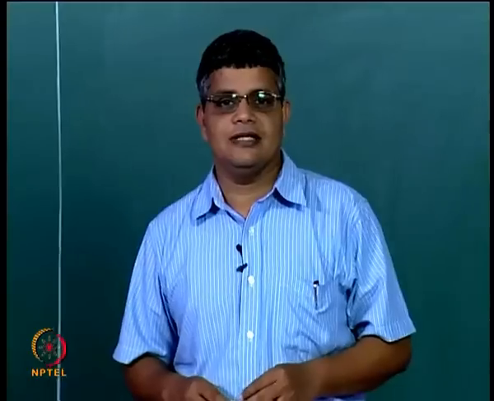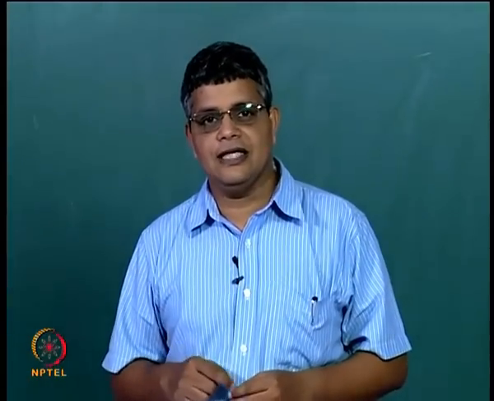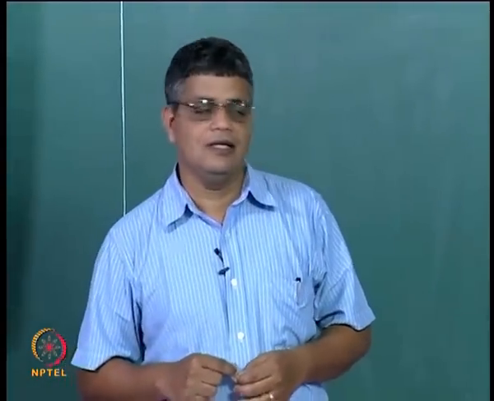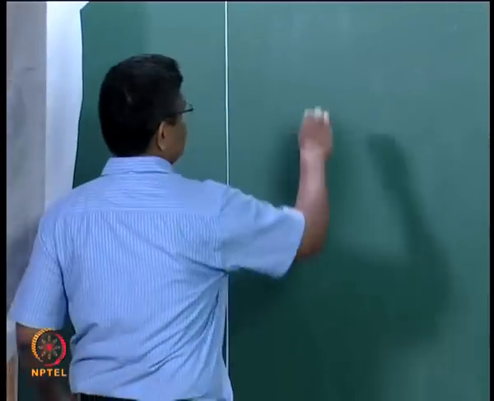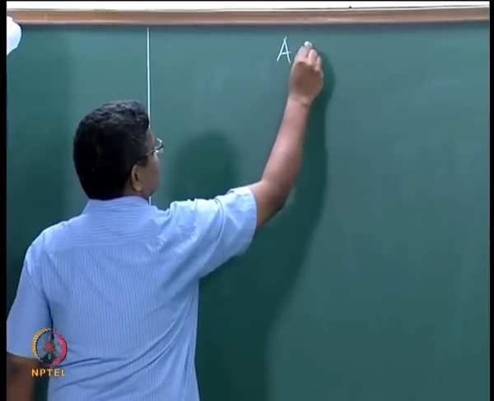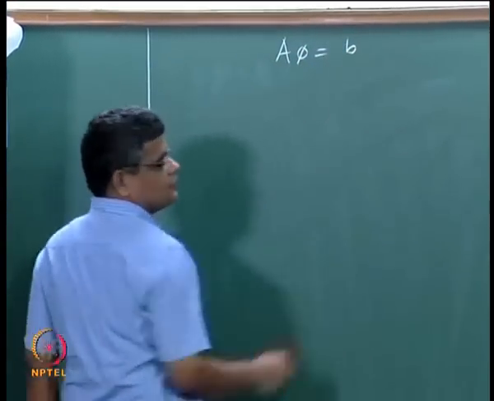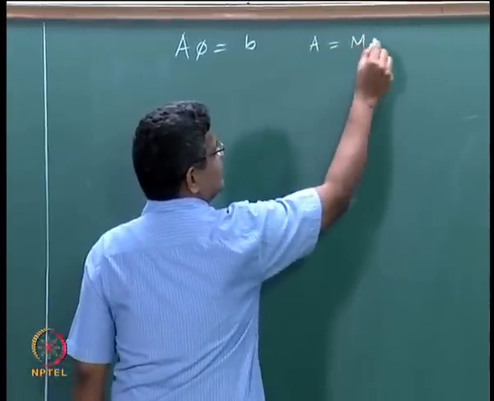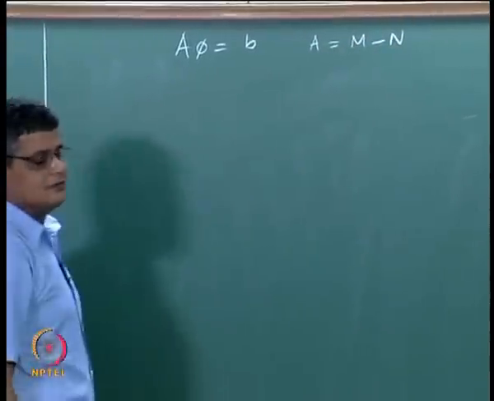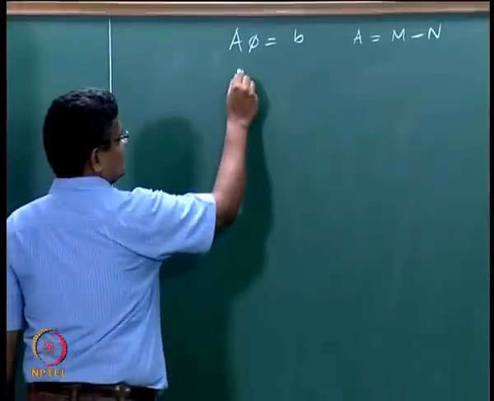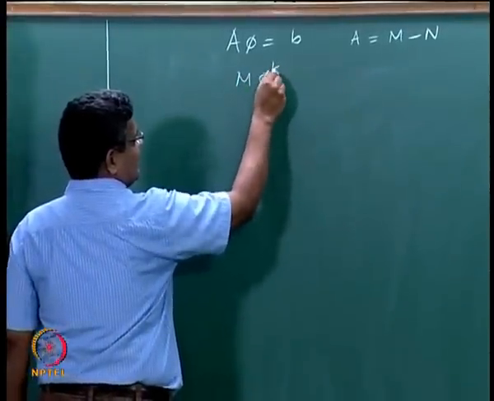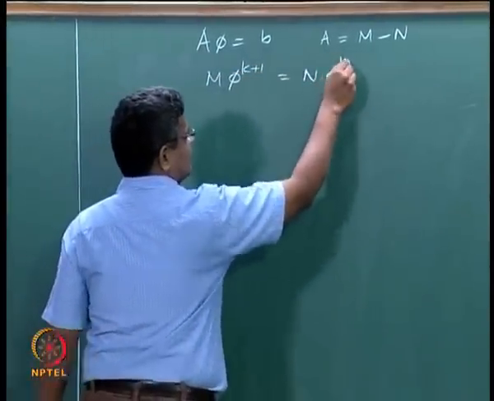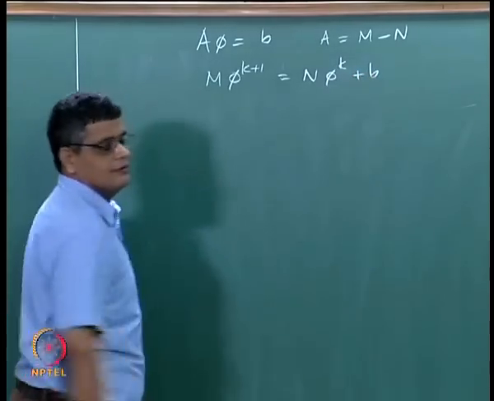Let us see what form the SOR method takes on in terms of implementation. We are solving A phi equal to b using an iterative method, where we write A as M minus N and construct an iterative scheme like M phi k plus 1 equal to N phi k plus b.